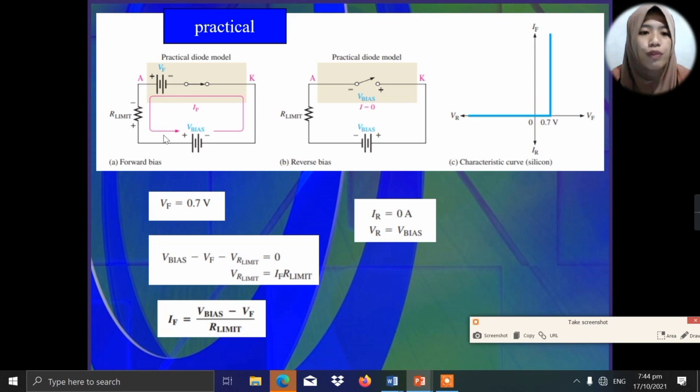Yung current sa IF na nag-flow dito, multiply the resistor. So, VR limit is equals to IF R limit. So, para makuha natin yung IF natin dito sa circuit na to, IF is equals to V bias minus VF over the R limit. So, that is for the practical.